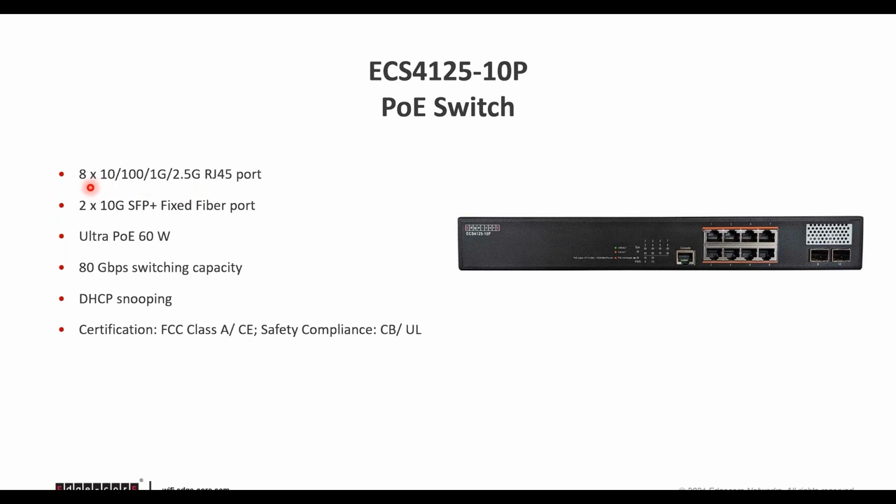So this one can support 8 2.5 gigabit Ethernet ports to 10 gig SFP+ fixed fiber ports. It's Ultra PoE, 60 watt. The total switching capacity we can achieve is 80 gigabits per second. Same features as the last one: DHCP snooping with enterprise switch features, and also apply the FCC and the safety compliance.